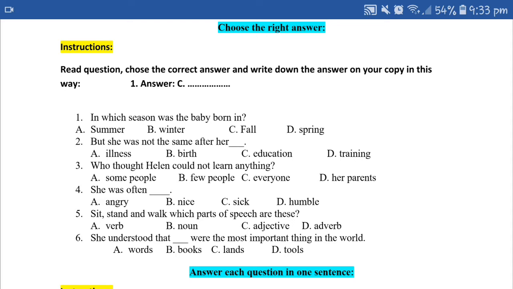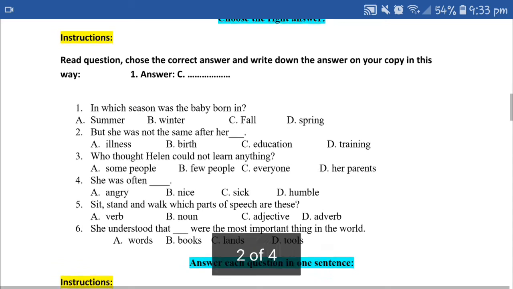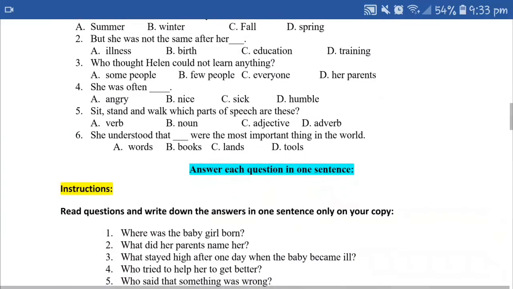Answer C. If your correct answer is among these 4 options A, B, C, D, and C is correct, then write 1. Answer C. Fall. Right? Because the word fall is in option C. So you have to mention it. This is how you'll complete it.